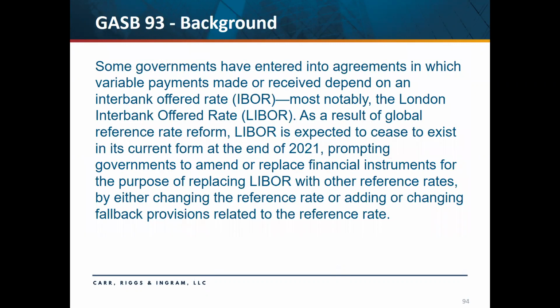Some governments have entered into agreements in which variable payments made or received depend on interbank offered rates, most specifically the London Interbank Offered Rate, LIBOR. And as I said earlier, LIBOR is expected to go away. So what this is going to do is either change the reference rate or add or change fallback provisions related to this reference rate.